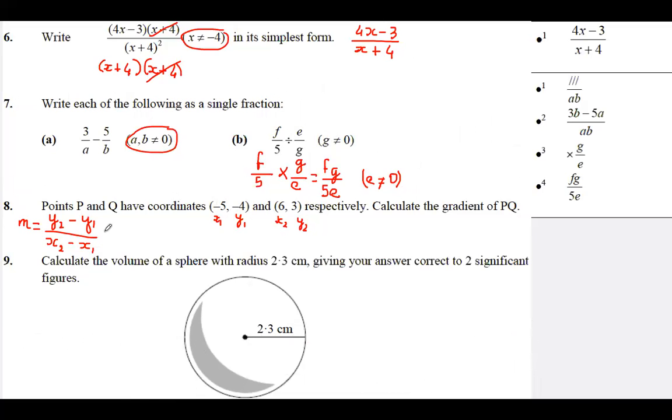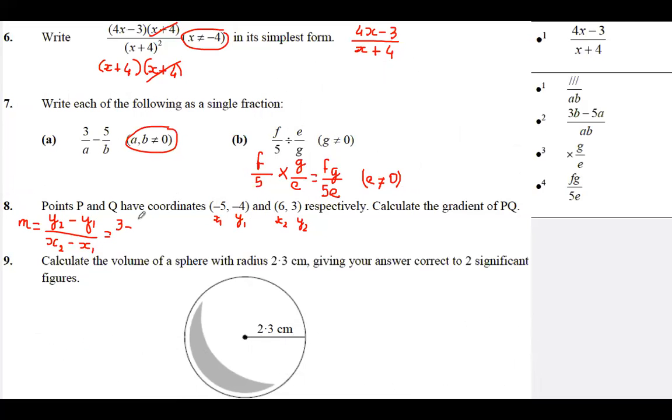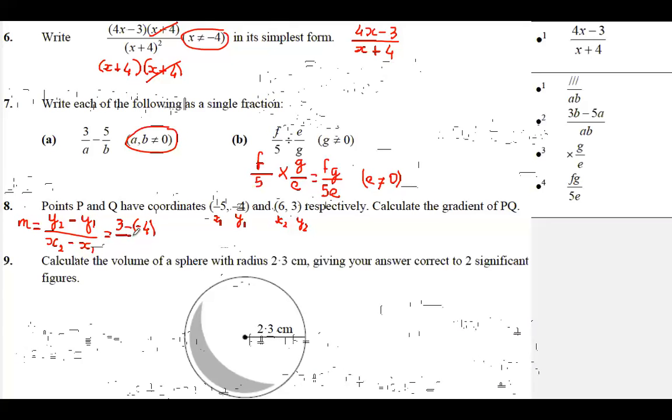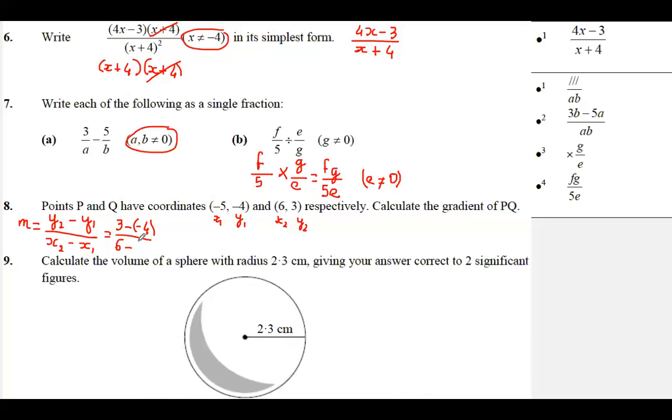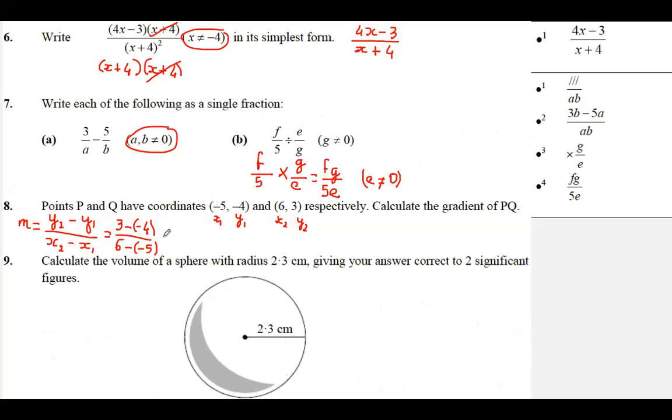And we just go through the process. Y2, which is 3, minus 4, divided by 6 minus 5. Minus becomes plus.